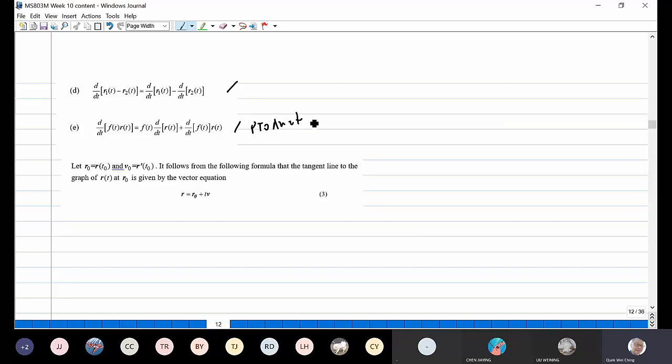The product rule is also valid for the cross product and the dot product. Later on you'll see that again.